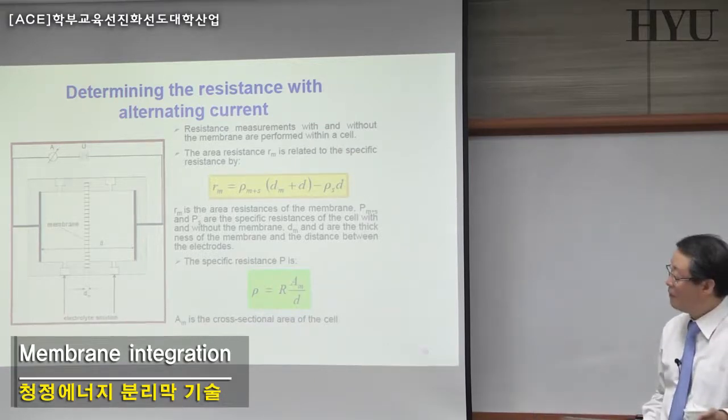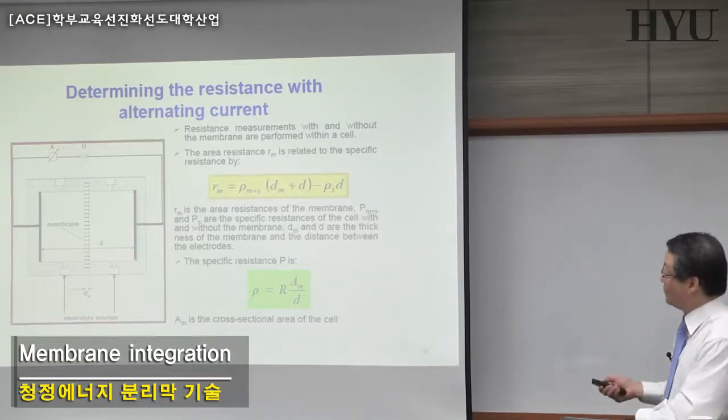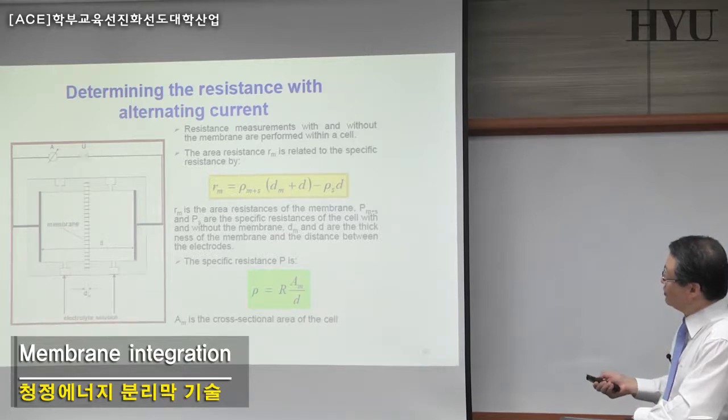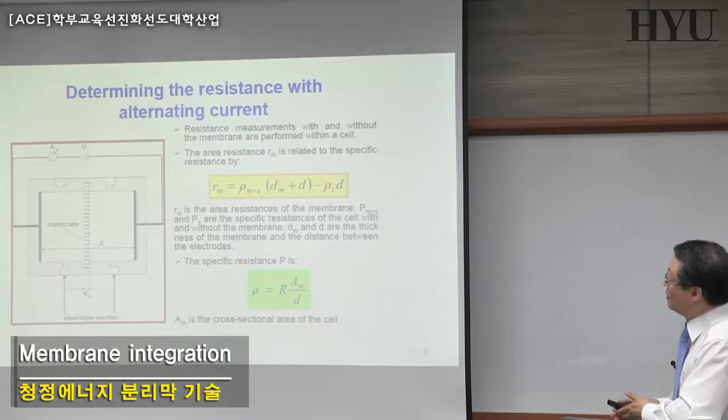And I think there is some error here. The specific resistance, P, I think it's a P or rho here. It's the same thing. And all of those P are rho in this case.